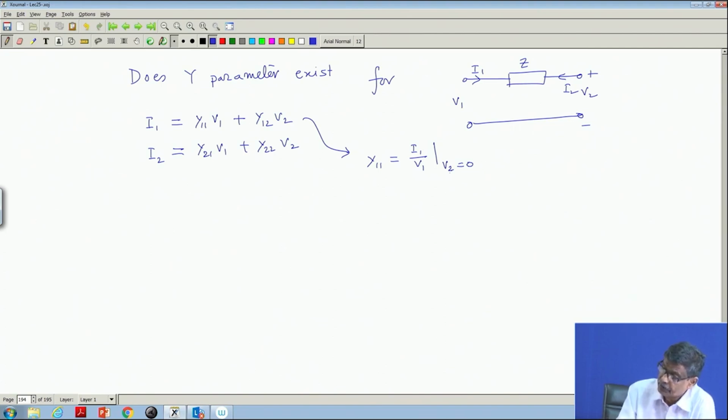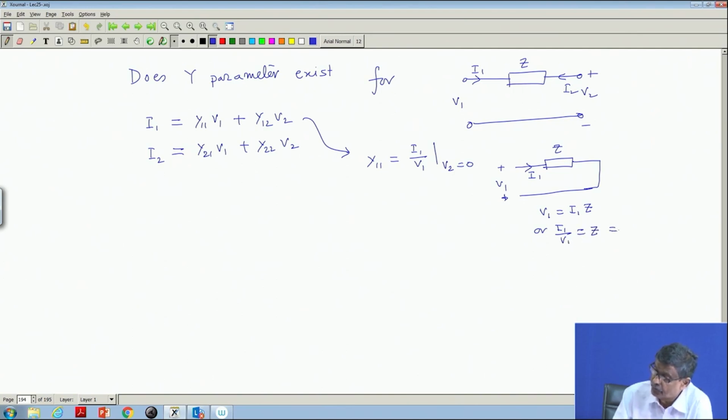Now, with V2 equal to 0, the circuit is like this: Z. V2 equal to 0 means you short it, and here you apply a voltage V1 and the current drawn is I1, and obviously V1 is equal to I1 into Z. Therefore, I1 by V1 is equal to 1 by Z, and that is y11. So, y11 exists, no problem.